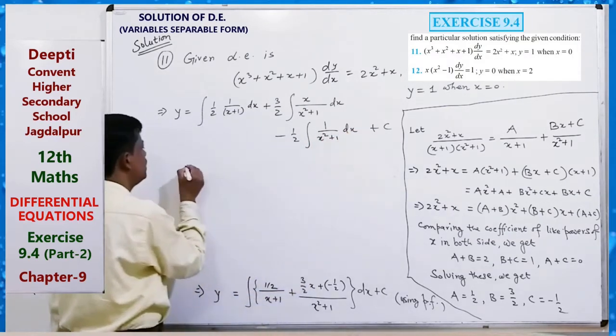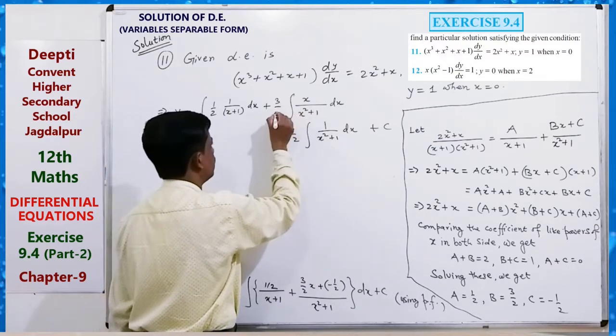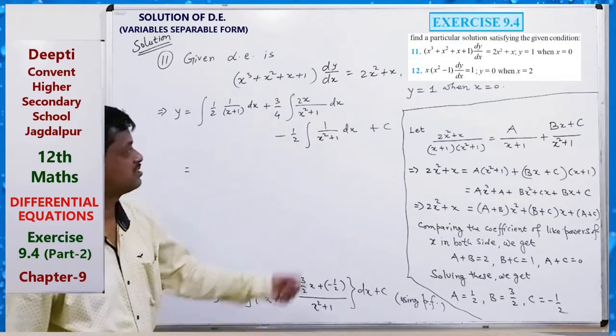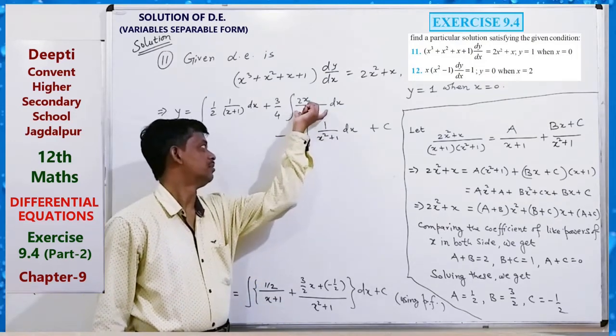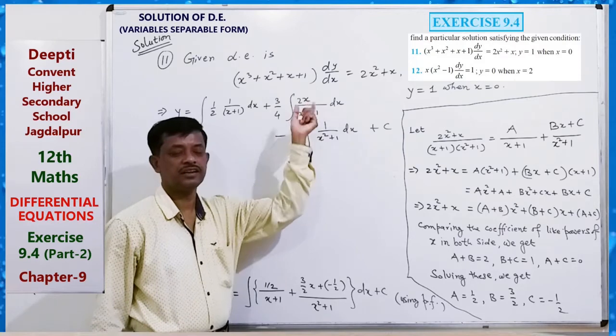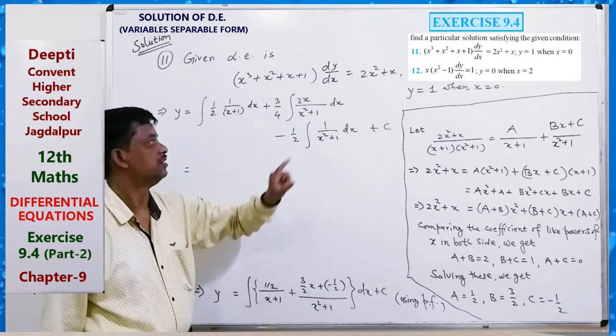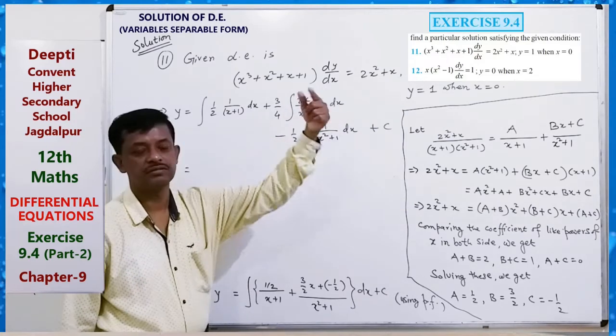We can also write here 4 and here 2x. For substitution, we put x square plus 1 equals t, then 2x dx equals dt. So 2x dx equals dt.